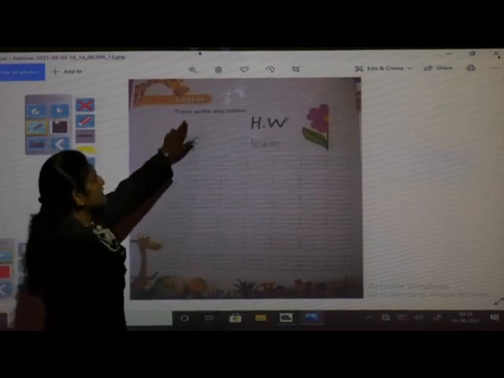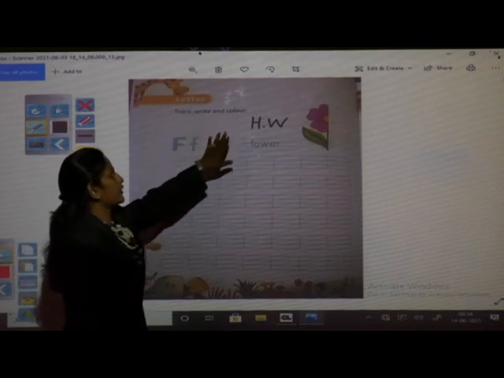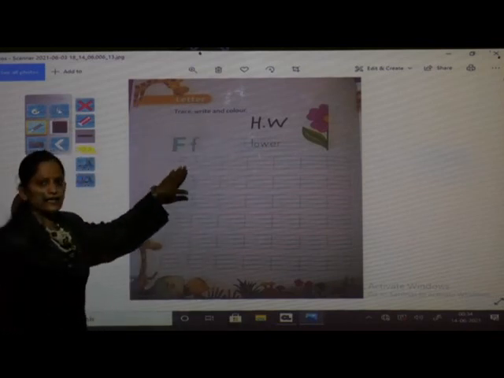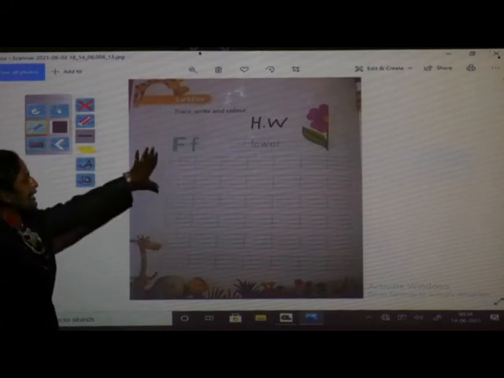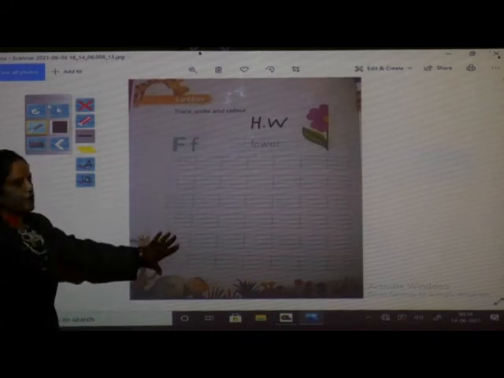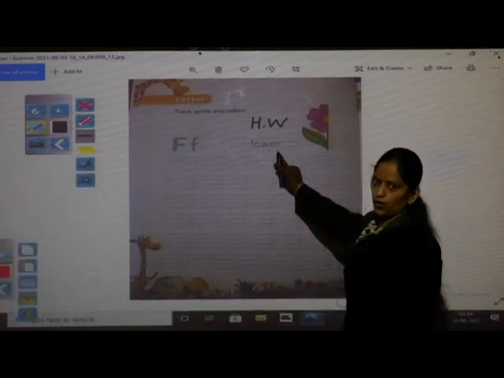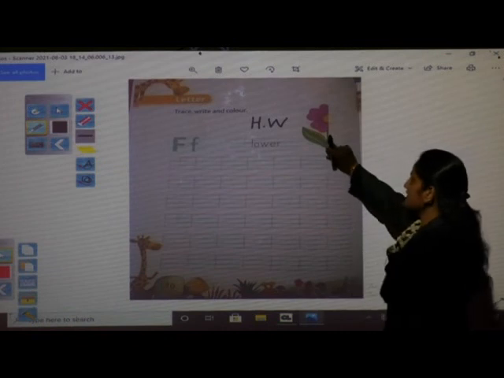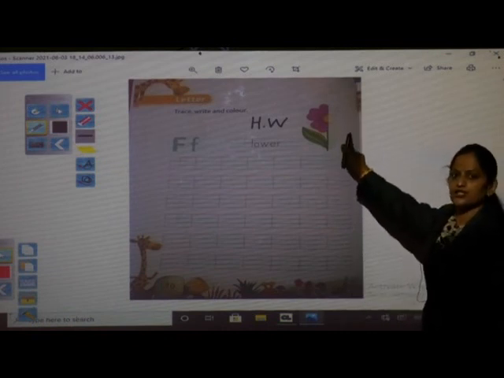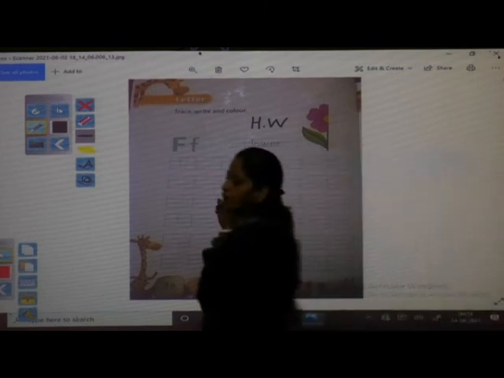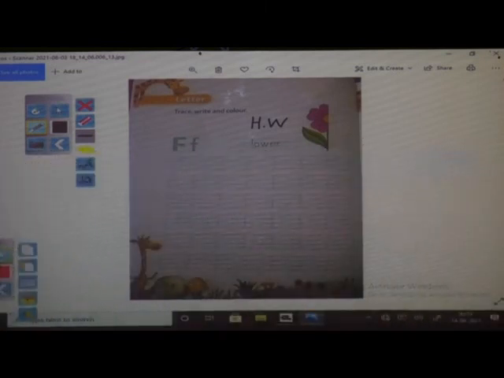You have to trace and write and color. Okay? You have to trace this letter F. You have to complete this page with writing capital letter F and small letter f. Also, you have to trace this spelling of flower. Which picture is this? It's a flower and you have to color this picture. Okay? Write in proper formation. You have to complete this page.